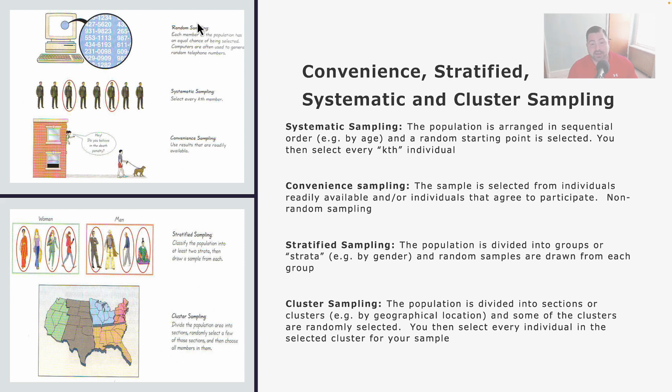for their research study. For example, in a systematic sampling procedure, the population is arranged in some type of sequential order, for example, by age from youngest to oldest, and then a researcher will pick a random starting point in that group, and they choose every 12th person.